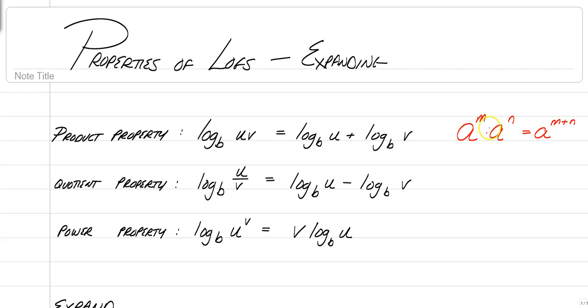Now we're just going to do the base of the logs. For division, we had a to the m over a to the n, and that was equal to a to the m minus n. And finally, we had a to the m raised to the n power, and that became a to the m times n. So all of those properties come from exponents.